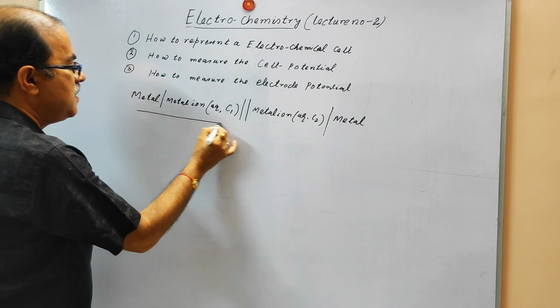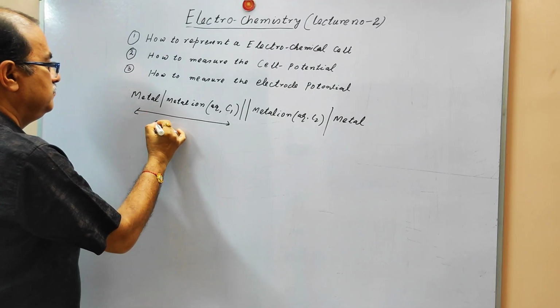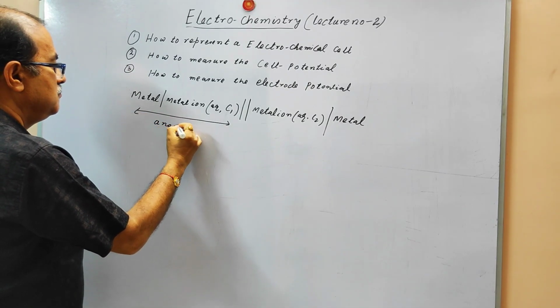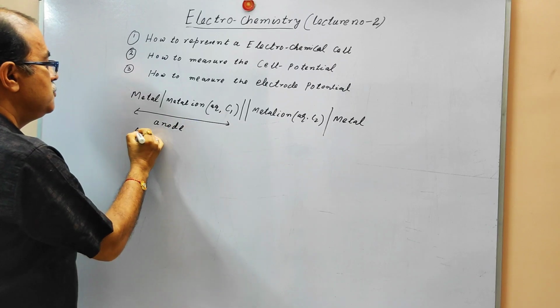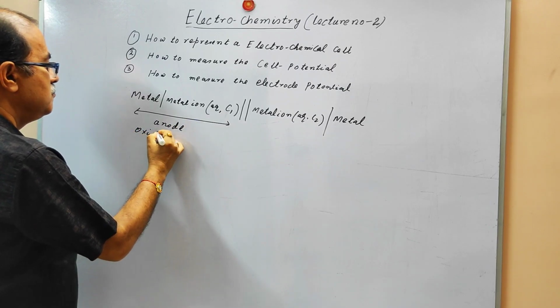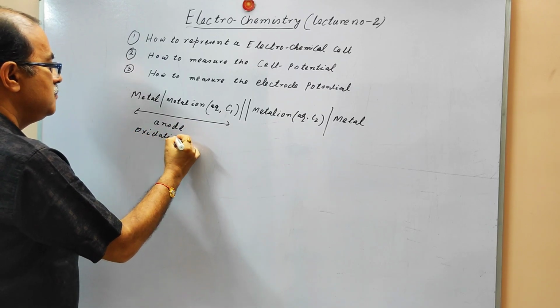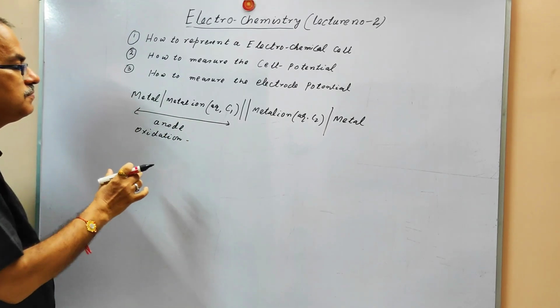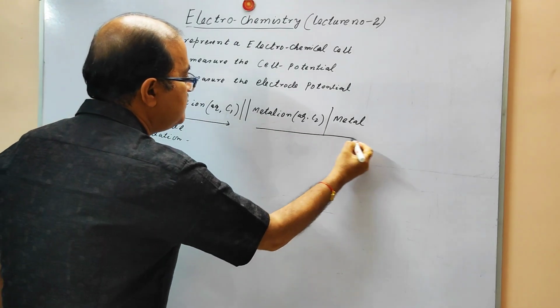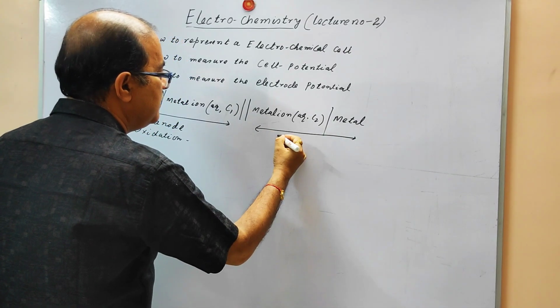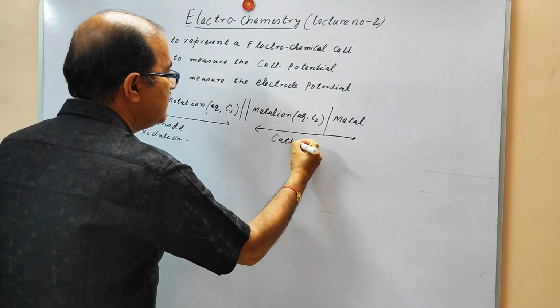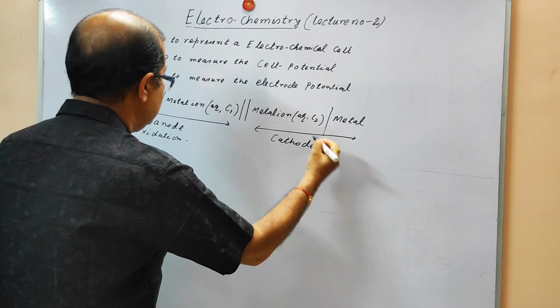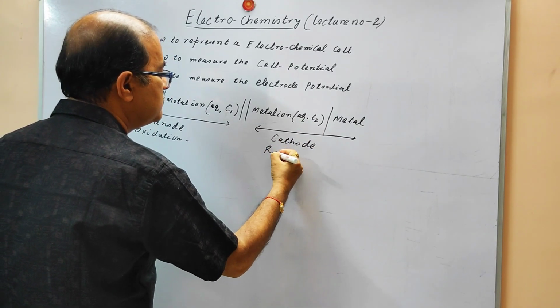This part is the anode. Here oxidation is going on, which is the oxidation half cell, and this is the other half cell. Here this is called the cathode, and here reduction is going on.